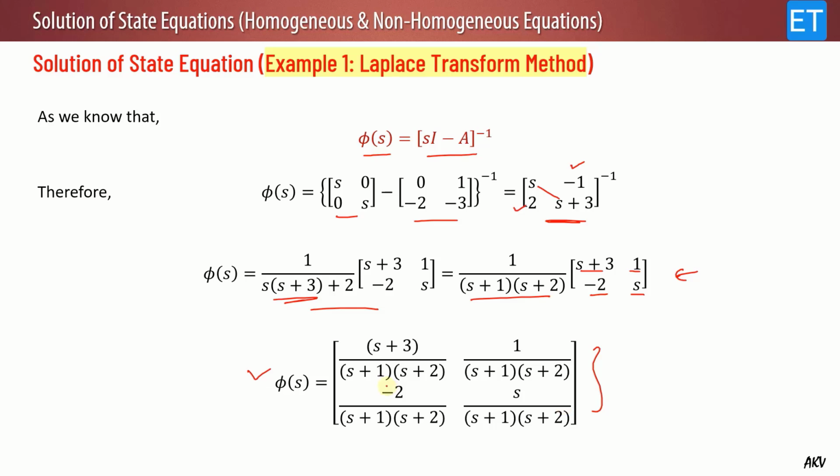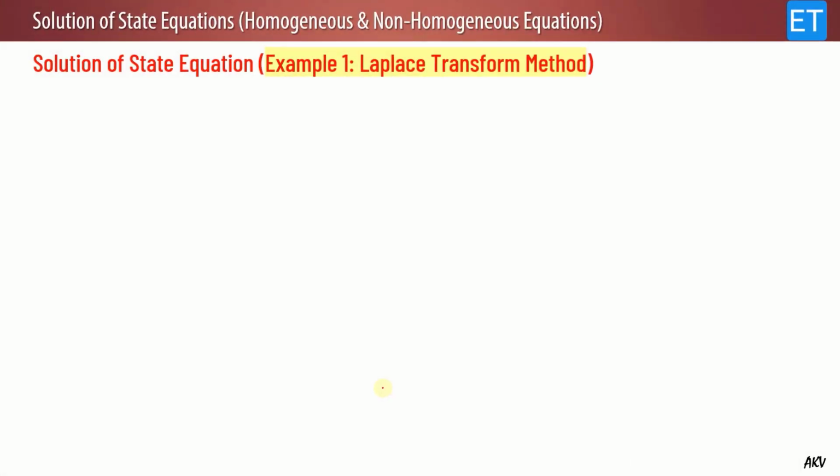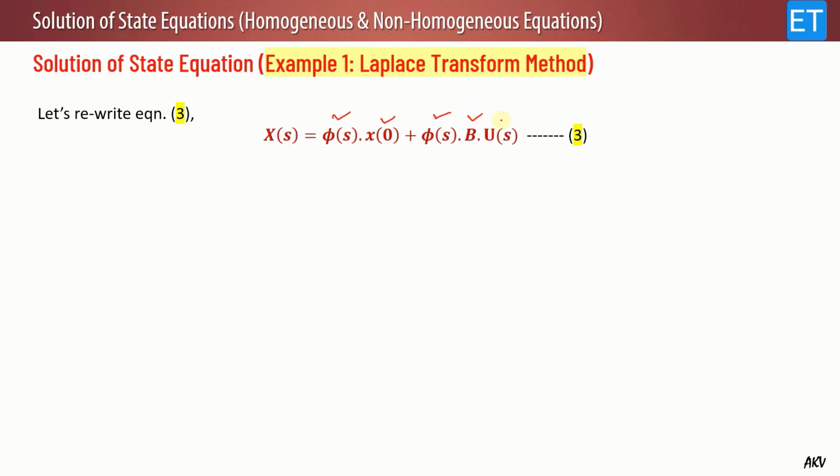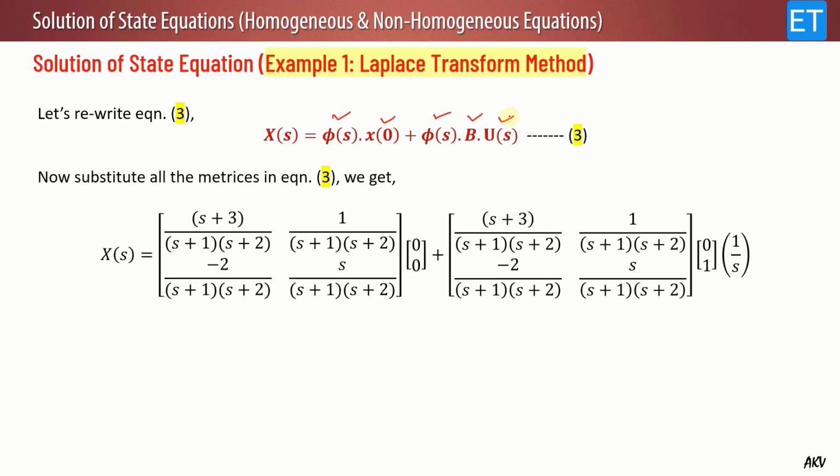So now in that equation 3, I know all the matrices. Phi s is known, x0 was given, b was given, and us was the Laplace transform of input. So just substitute all the matrices in this equation. That's it. So this is your phi s, initial conditions, plus phi s, b matrix, and then us, that was 1 upon s, right?